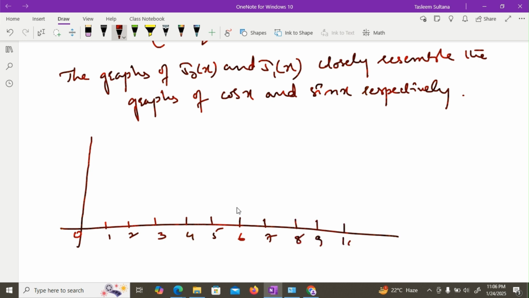Mark 1, 2, 3, 4, 5, 6, 7, 8, 9, 10 on the x axis, and the y axis is 1, 2, 3, 4 and so on.